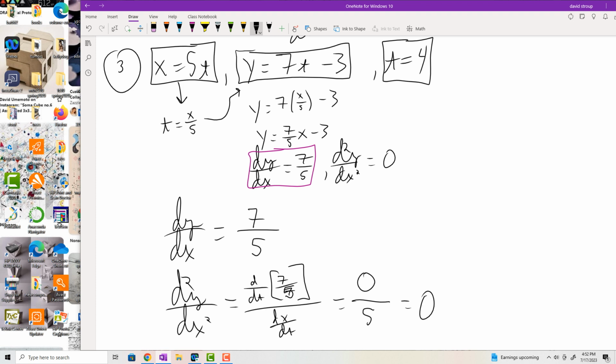Okay. In the homework, they ask some silly questions. They want to know then what's the slope at t equals 4. Well, at t equals whatever, the slope is always going to be 7/5. Okay, so for any t, and in particular for t equals 4, the slope is 7/5.